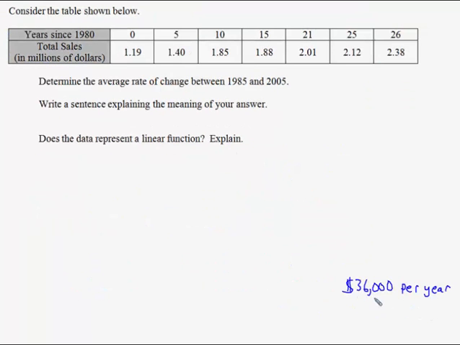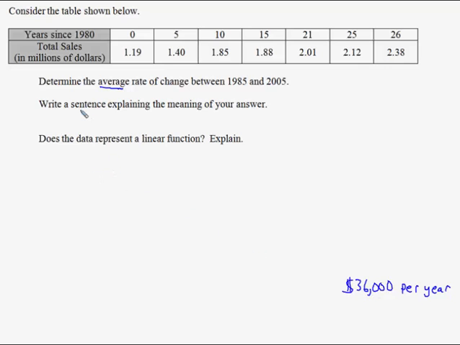So if you remember, the $36,000 per year is just the average rate of change. It's just an average, but it is how fast sales are changing. And the fact that the slope came out to be positive means that sales are increasing, right? Positive change means increasing.